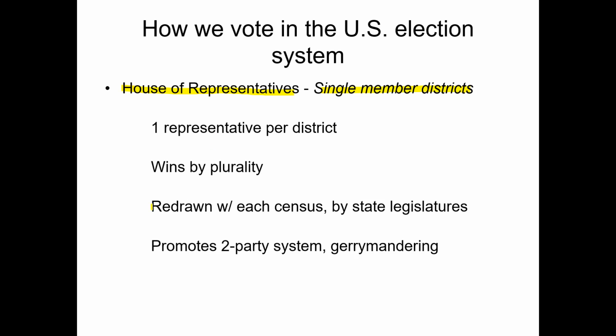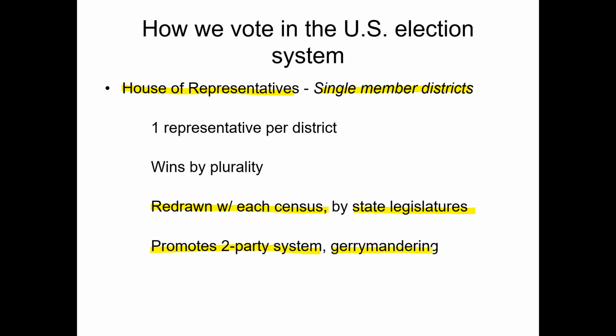Every 10 years, these districts are redrawn with the census, which is coming up this year. The state legislatures are tasked with the authority to redraw those U.S. congressional districts. We'll talk more later about how single-member districts promote the two-party system.